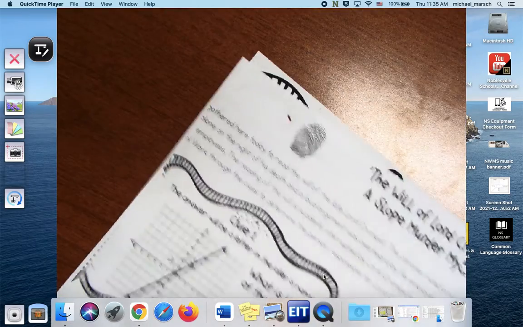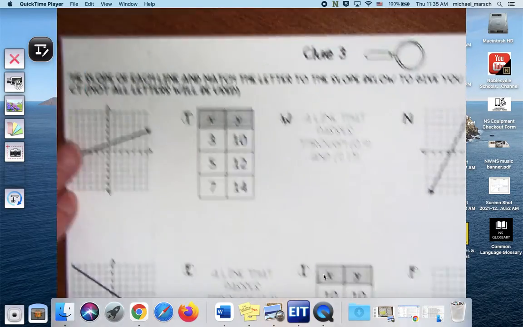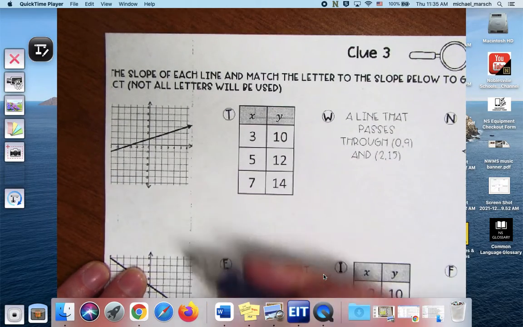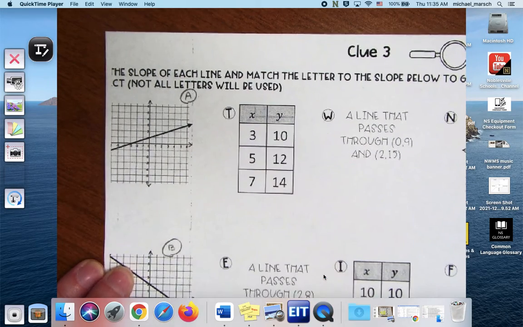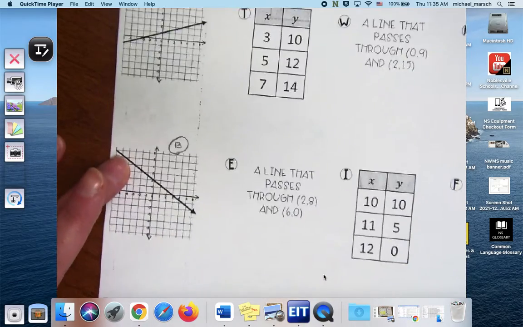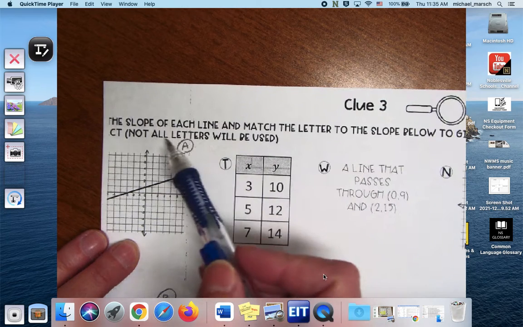Okay, turn to the next page. The letters got cut off for these 2 graphs. So this would be letter A and this would be letter B. You find the slope, and then if the slope is down at the bottom, you put the letter that goes with that slope. Please pay close attention.